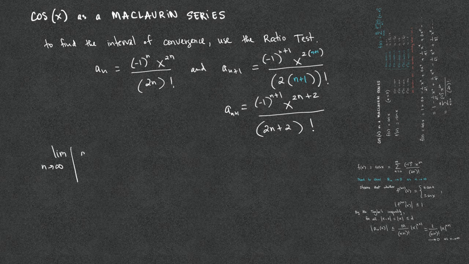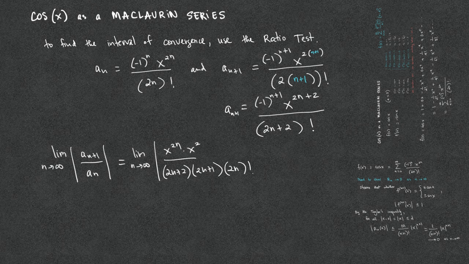The limit of the ratio of a sub n plus 1 over a sub n is therefore the limit of the absolute value of x to the 2n times x squared over 2n plus 2 times 2n plus 1 times 2n factorial. Multiply by the reciprocal of a sub n, which is 2n factorial over x to the 2n.